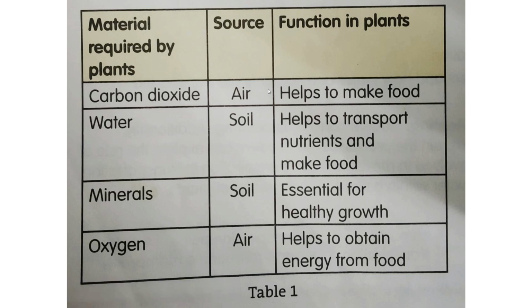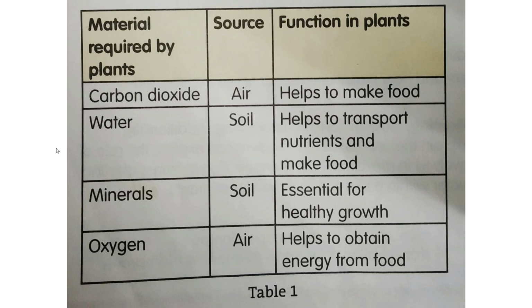Carbon dioxide helps to make food. Water helps to transport nutrients and make food. In photosynthesis also it is necessary, and it helps to transport food materials or nutrients throughout the plant body. Without water, nutrients cannot be transported on their own, right?